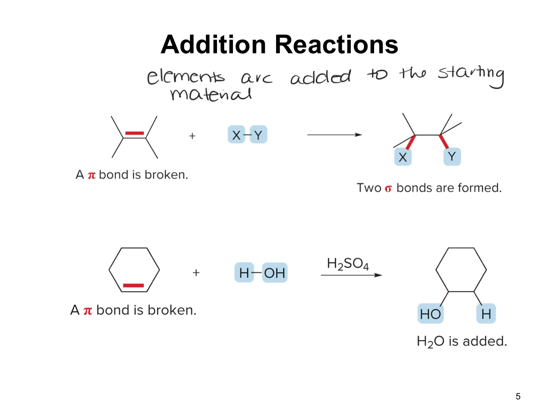So we have some sort of pi bond, and that pi bond is broken, and two sigma bonds form. An example of this is if we take that alkene on the previous slide with the double bond and add the water back with sulfuric acid, we end up with an alcohol functional group here.